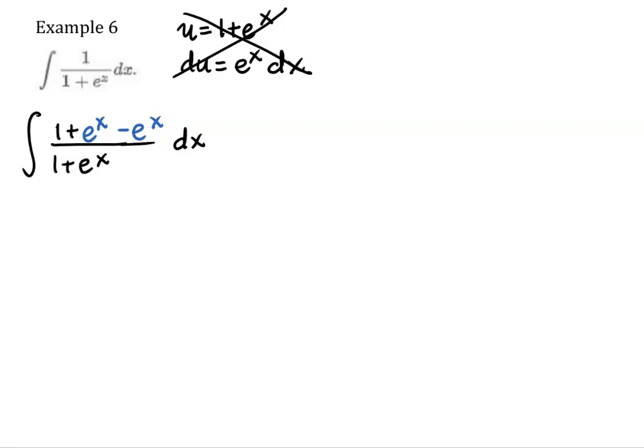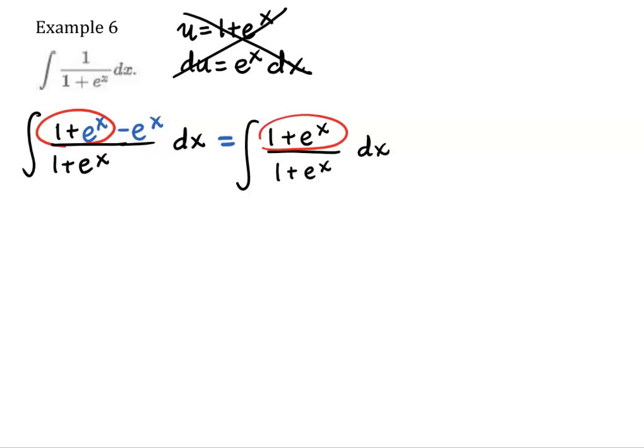But now that we have it written like this, we can separate this into two separate integrals where I take this and group that together over a 1 plus e to the x. That's in one integral. And then I will take this one. So there should be a minus sign here.